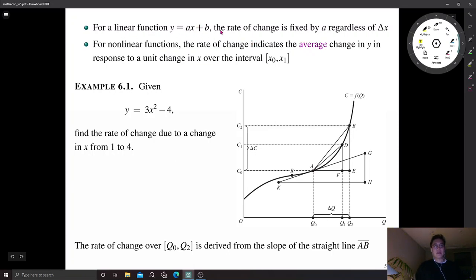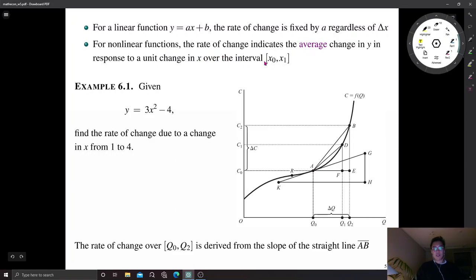So for a linear function, the rate of change is fixed by the slope of the linear function a, regardless of the change in x. But for nonlinear functions, the rate of change indicates the average change in value y in response to a unit change in x over some specific interval.